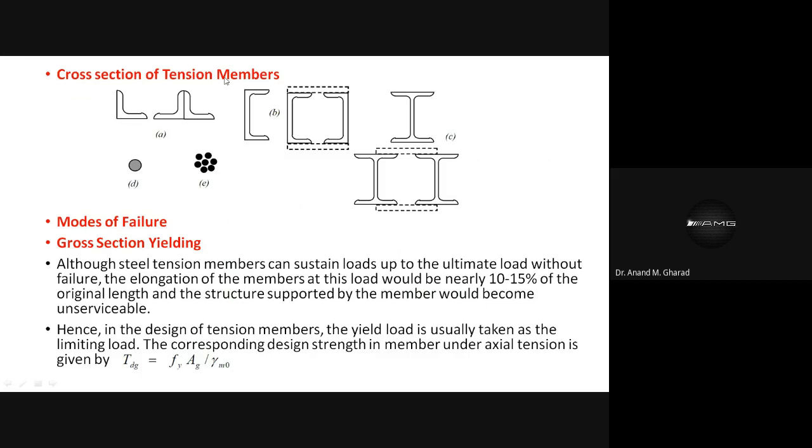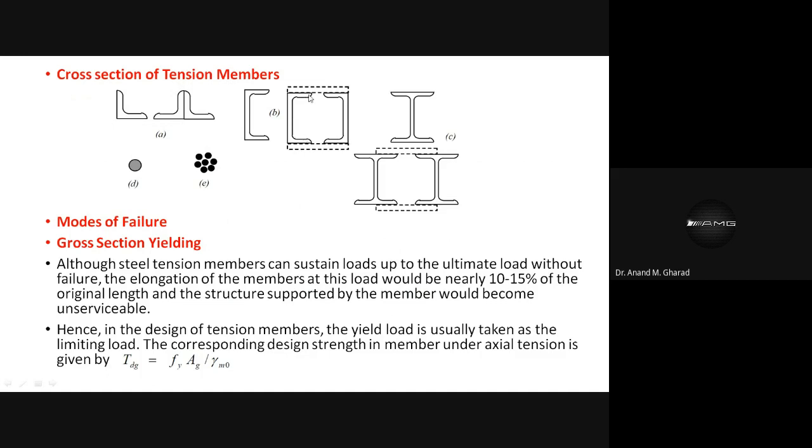Typical cross sections of the tension members, as you can see, the angle section. This is the double angle section, most commonly used when the capacity of the member increases, and when we are supposed to design for huge capacity. In that case, we provide such double angle sections. Then the channel section, then this is known as a built up section.